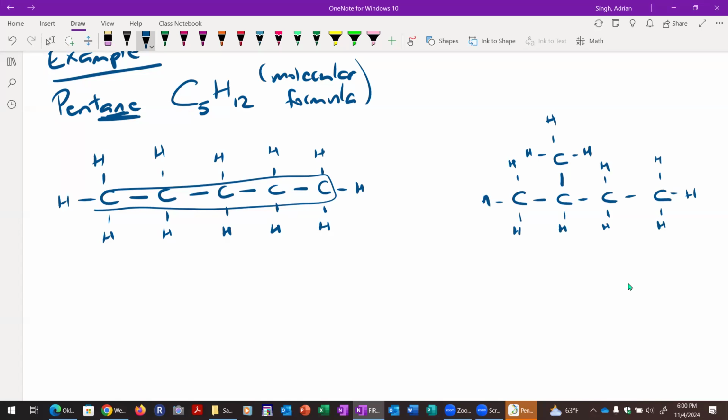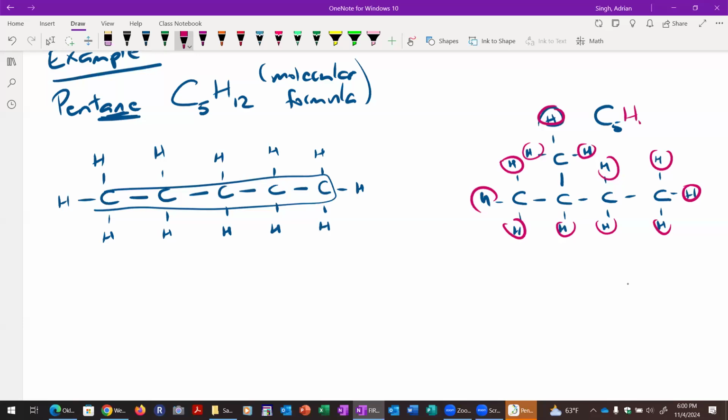If I look at the formula for this, how many carbons do I have? 1, 2, 3, 4, 5. So I have 5 carbons. How many H's do I have? Let's count them in a different color: 1, 2, 3, 4, 5, 6, 7, 8, 9, 10, 11. I still have my 12 H's, right?